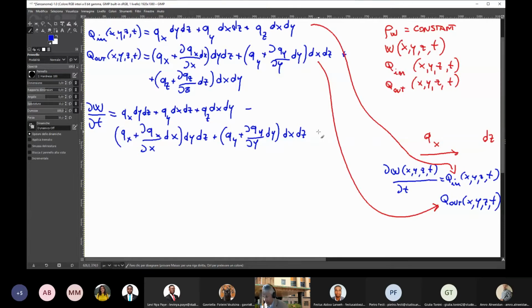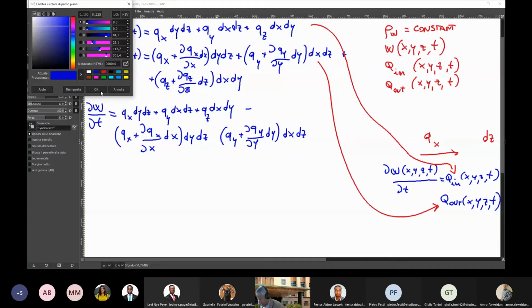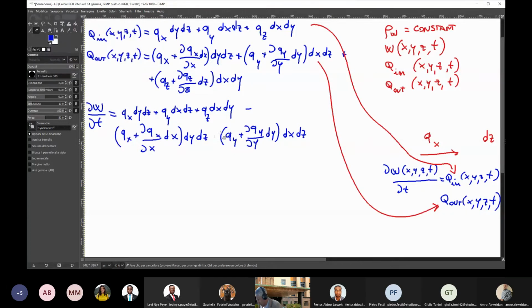It's not a plus, but it's a minus. Sorry, because I had a minus in the original equation on the right. I had a minus, so it's minus here, and then there is a minus again here for the third component.